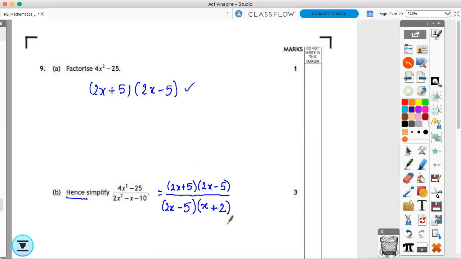Sorry, what would the numbers be if you were to use MAM, just out of curiosity? So if I was to use MAM, I would say, okay, I need to find two numbers, A times B, which give me negative 20. And if I add them, I get negative 1.